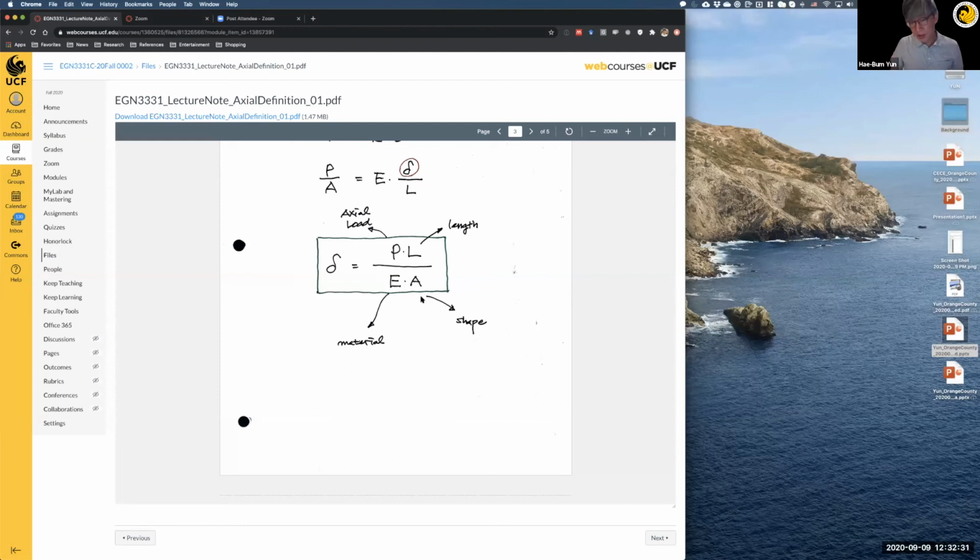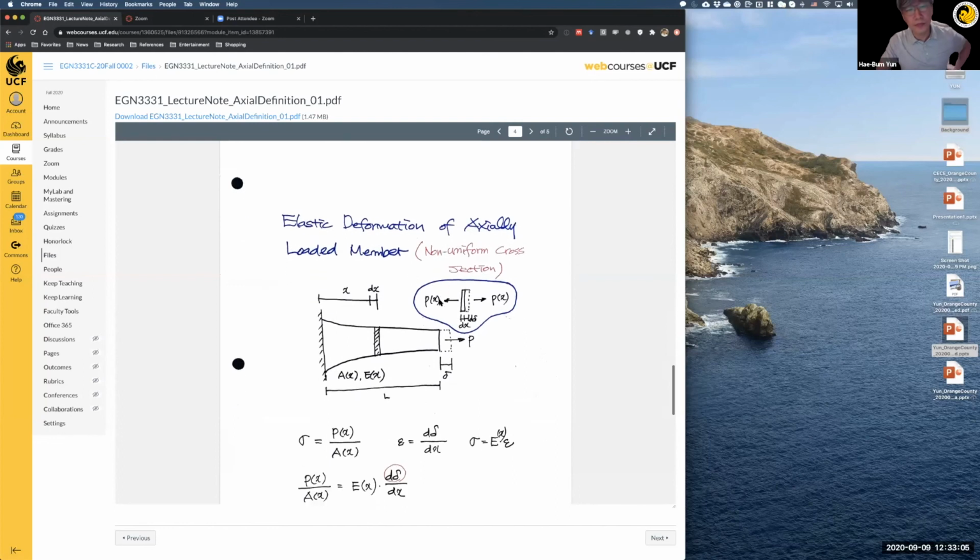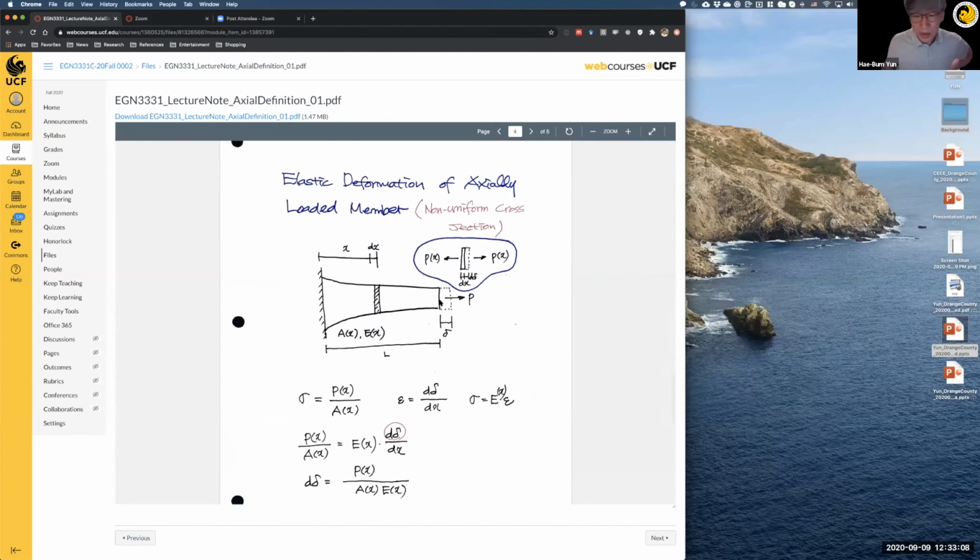When you design, you always play with your material and shape. Very, very important, and this will keep coming up. One of the very important reasons why we learn this class is that you want to design structures, right? Basically when you design, you are playing with these two parameters, material and shape. We will get to that later with examples.